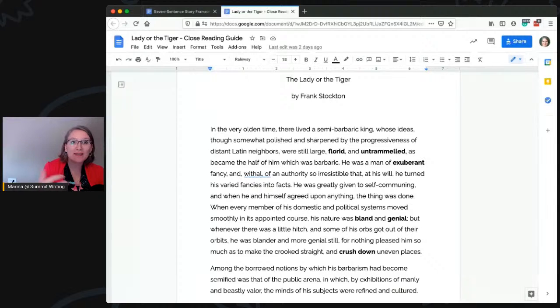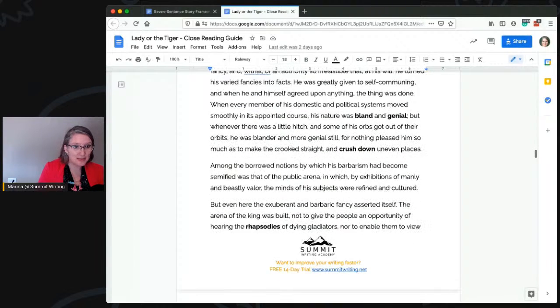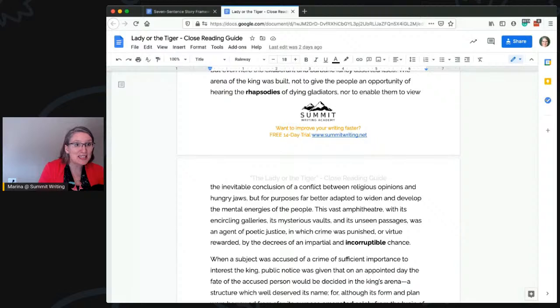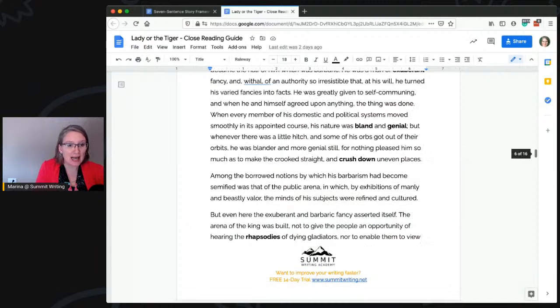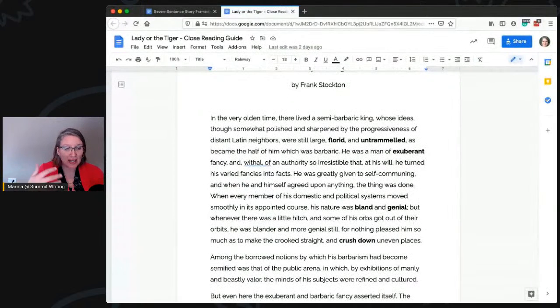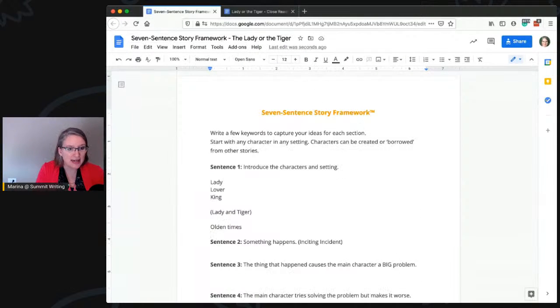Olden times, and we have the semi-barbaric king. That's good. And we might just leave it at that. It doesn't tell us specifically who or where the story takes place, other than very olden times. And we are going to be in an amphitheater later on. But for right now, we're going to leave it at that.